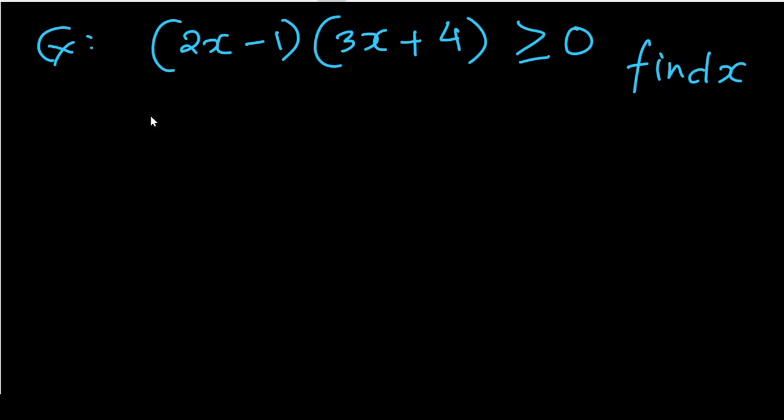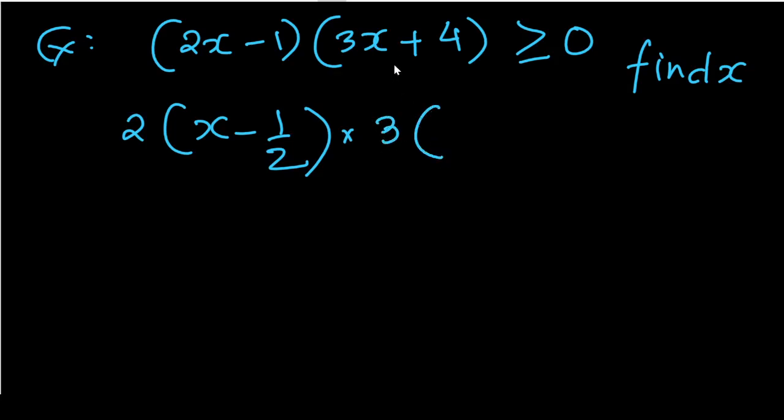If you are not convinced why we can use this, you can take 2 common from this, so this becomes x minus half. You can take 3 common from this, so it becomes x plus 4 by 3 greater than or equal to 0.